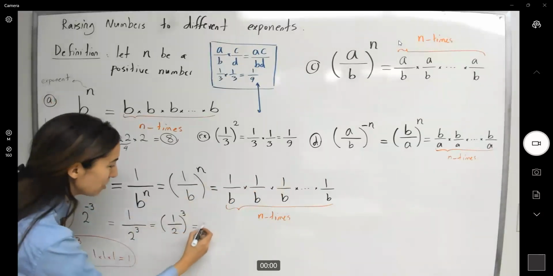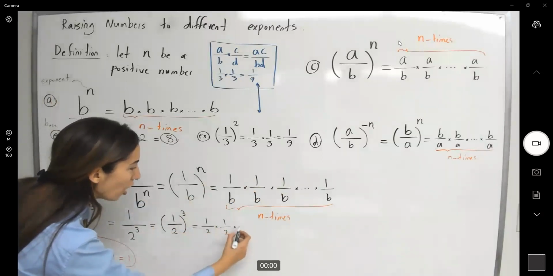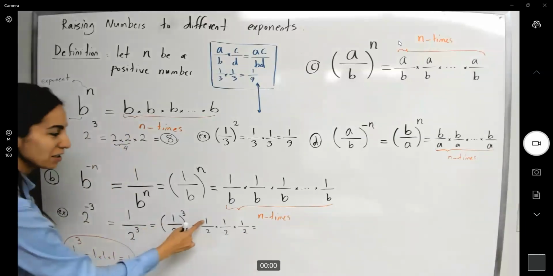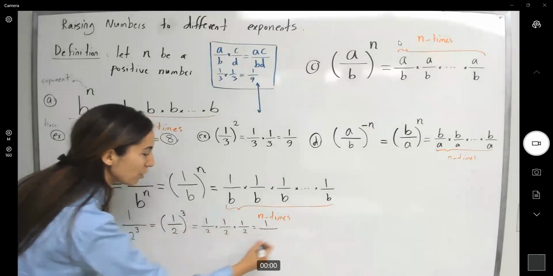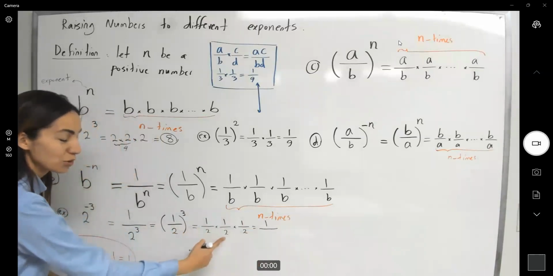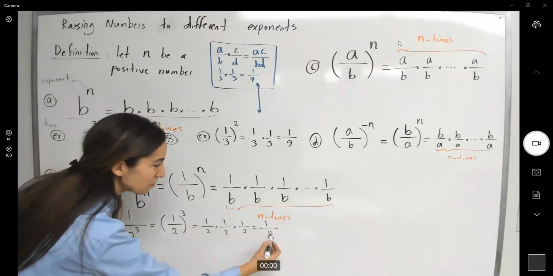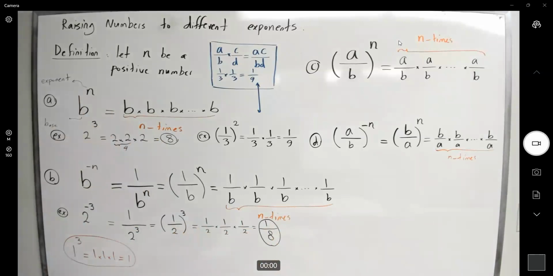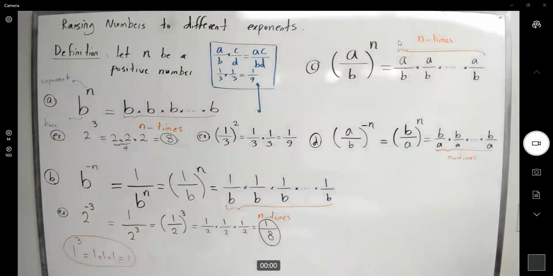I get a half times a half times a half, which is 1 times 1 times 1, 1, divided by 2 times 2, 4, 4 times 2, 8. 1 over 8. Very good.